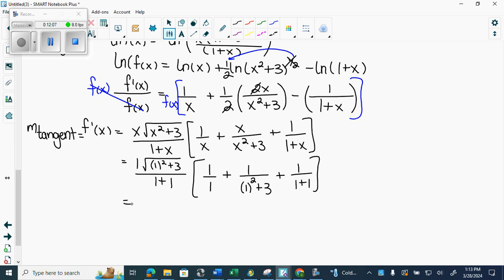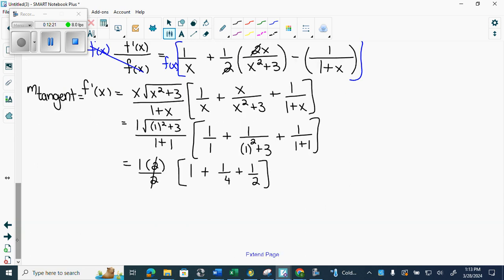So we're going to get 1 times the square root of 4, which is 2, over 2, which cancels, gets me a 1, times 1 plus a quarter minus a half. What's 1 plus a quarter minus a half? What's a half plus a quarter? Oh, there's a subtract. Good call.